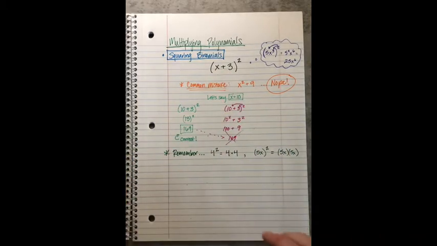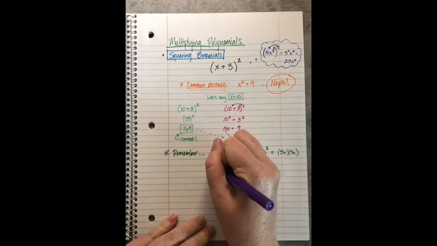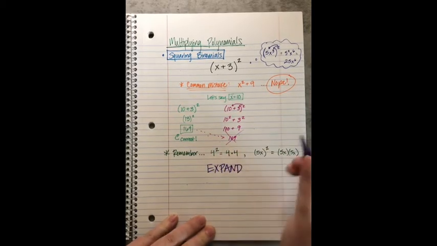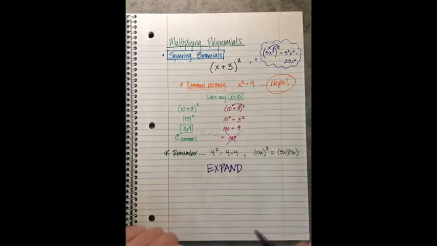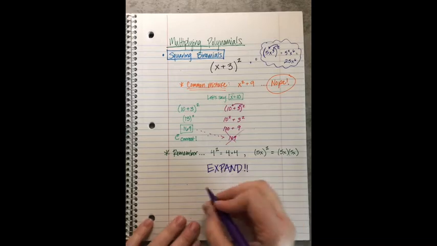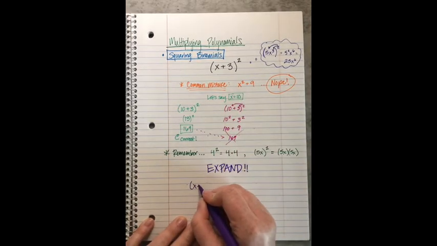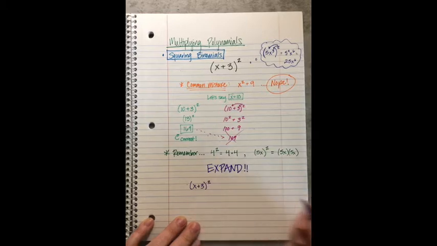So the key word here, and I want you to write this nice and big, is that you need to expand. You need to write it in expanded form. Here's what I mean by that. We take our current expression, which is the quantity x plus 3 squared.